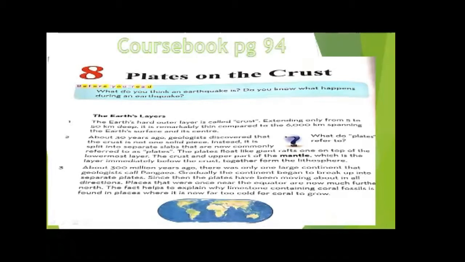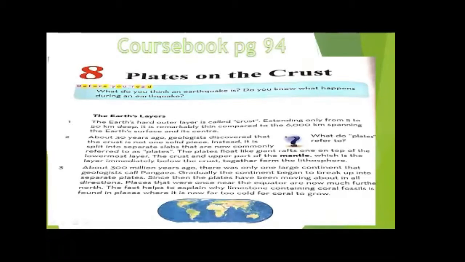So, geologists have explored the structure of the Earth's crust and its evolution over time. About 300 million years ago, there was only one large continent which was named Pangaea by the geologists.